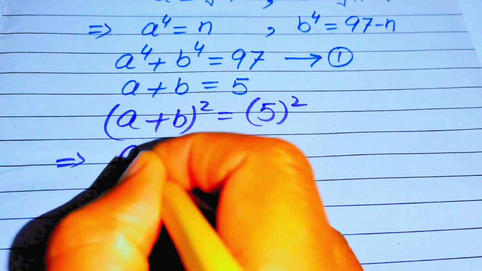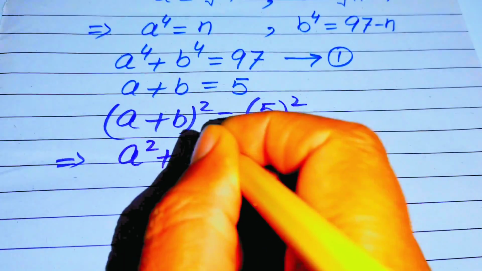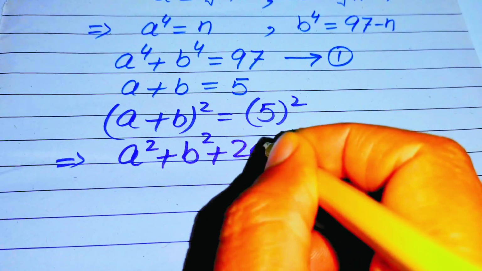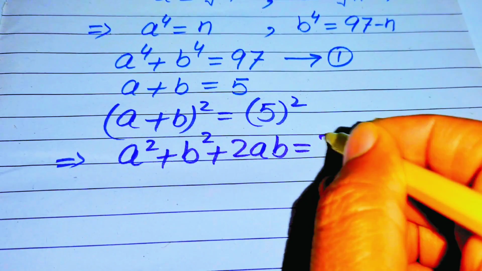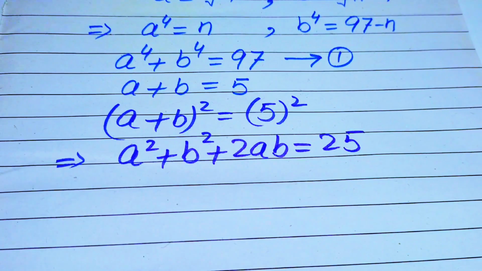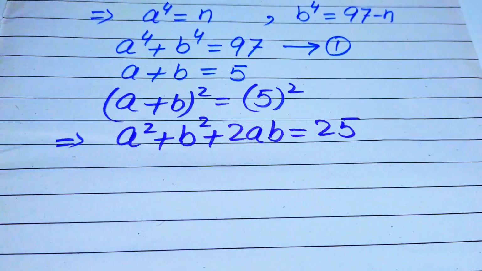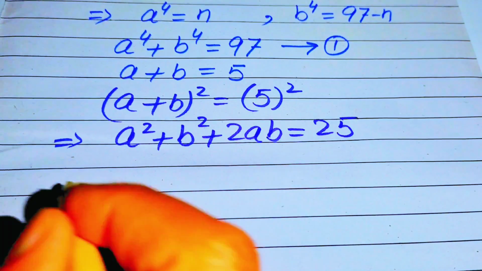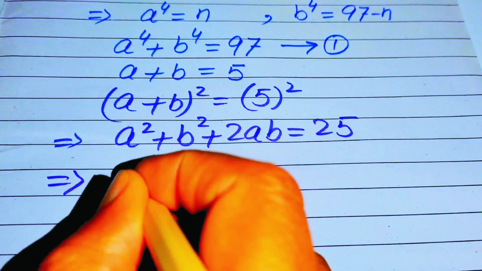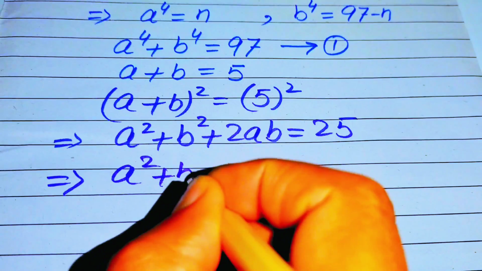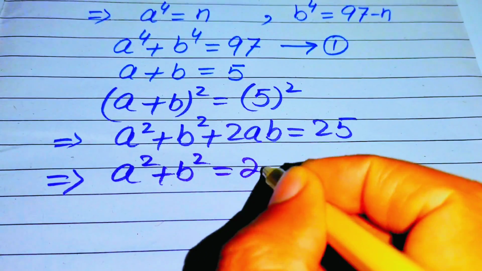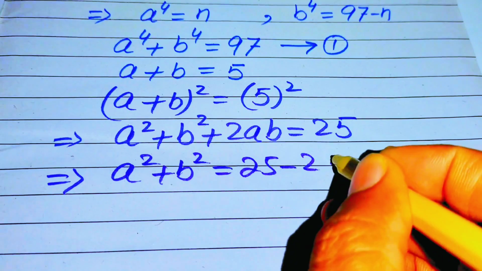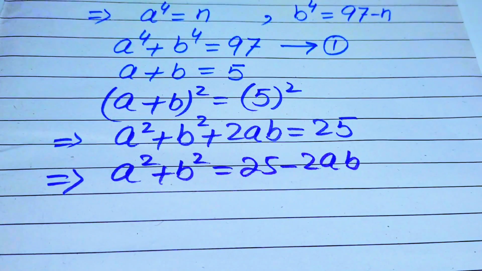It equals a square plus b square plus 2 times ab equals 25. And now in the next step we move this 2 times ab to the right hand side, and we get a square plus b square equals 25 minus 2 times ab.